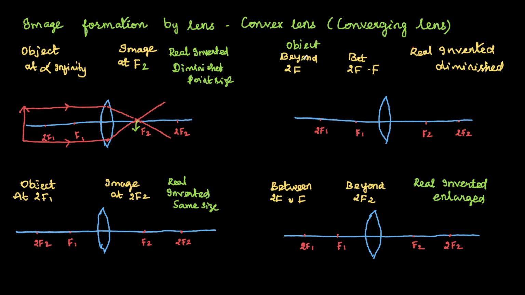So when we keep the object beyond 2F, I'm drawing the object beyond 2F. The parallel light from the object passes through the focus after refraction.